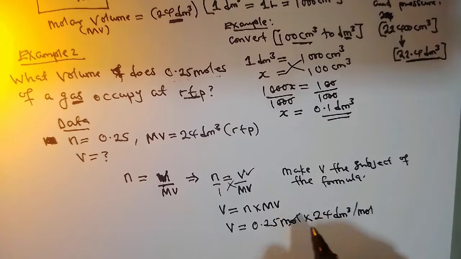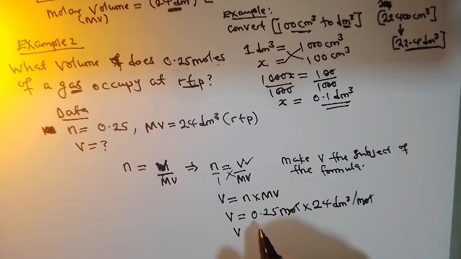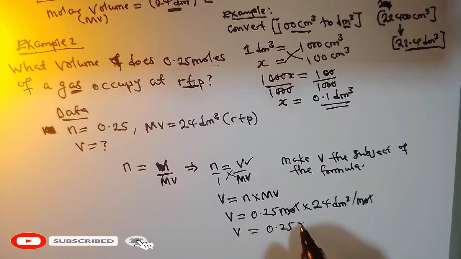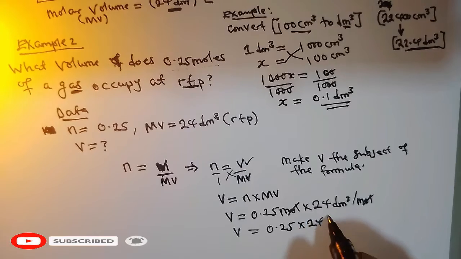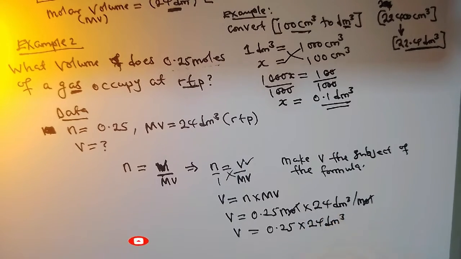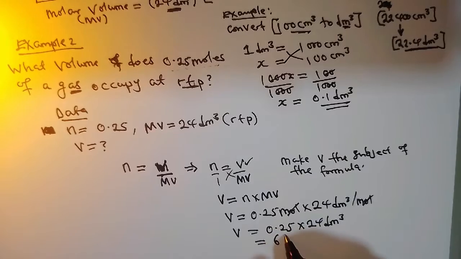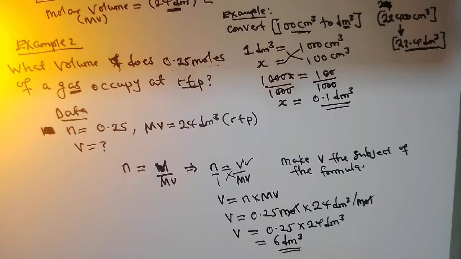From there, the mole cancels. Our volume will now be 0.25 times 24, which gives 6 decimeter cubed.